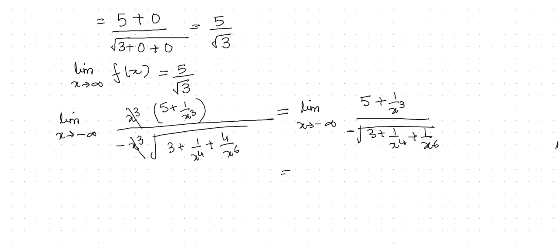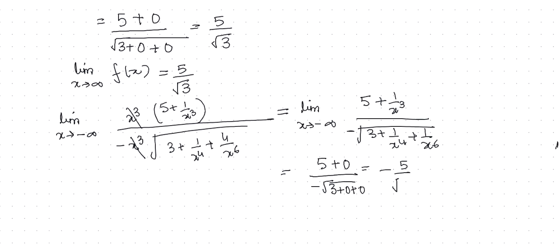So this we know, 1 over negative x cube will go towards 0, and this would give us negative 5 over the square root of 3 plus 0 plus 0.